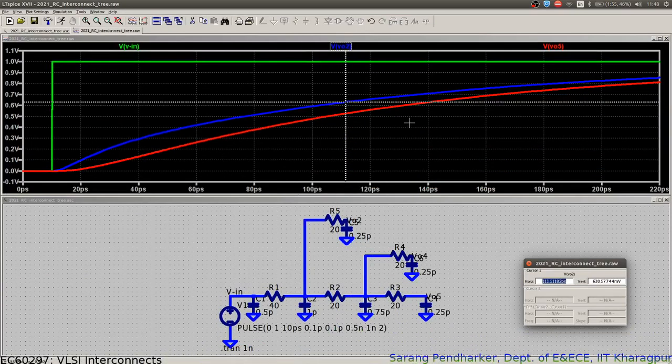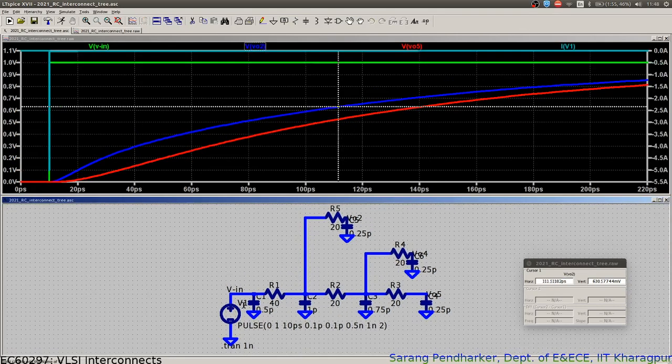Because as we had said, Elmore delay by definition does not guarantee a 63% delay. It's only for a simple RC charging circuit that it comes out to be close to 63% delay.